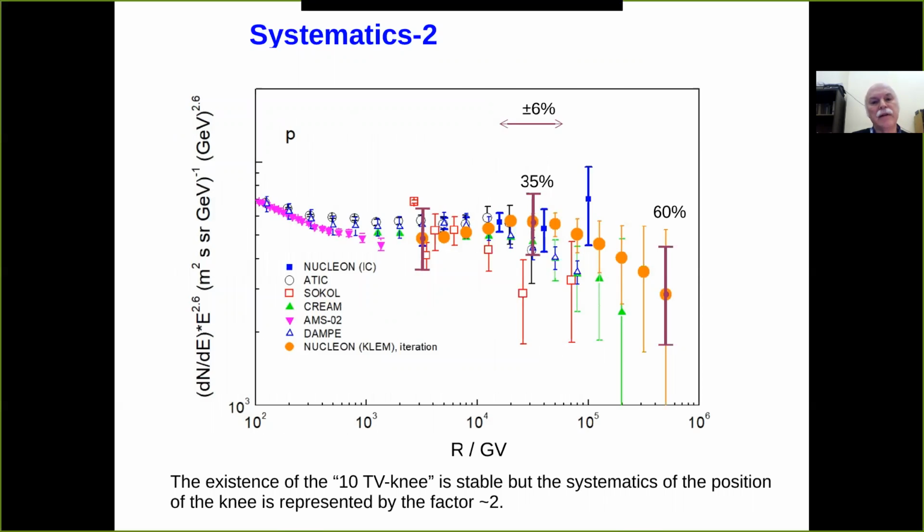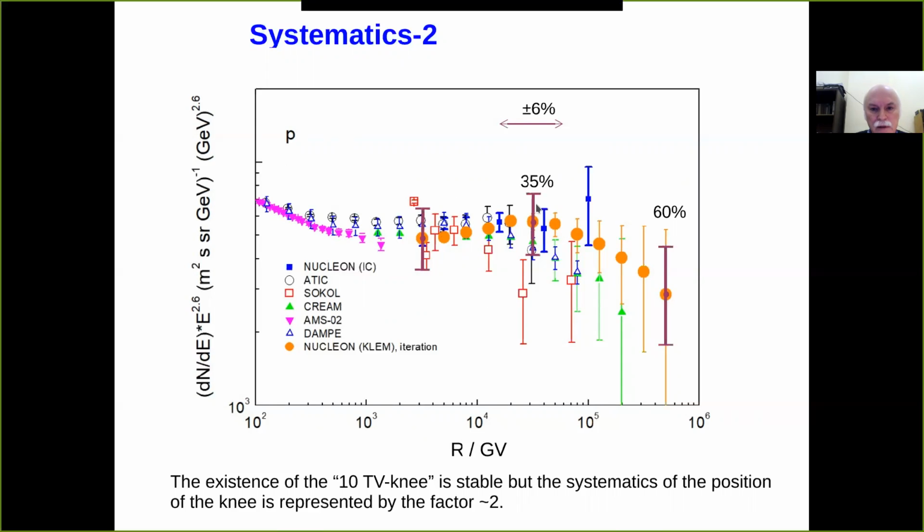Finally, this picture represents our systematics. The systematic errors are approximately the same for different nuclei, therefore I can show the systematics only for the spectrum of protons.